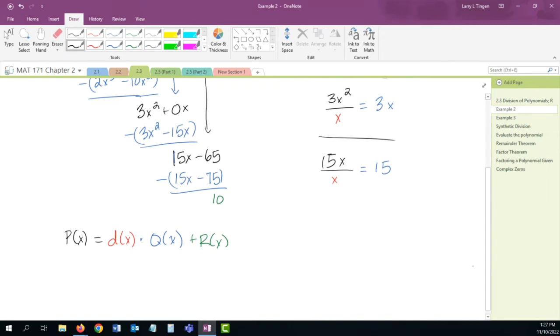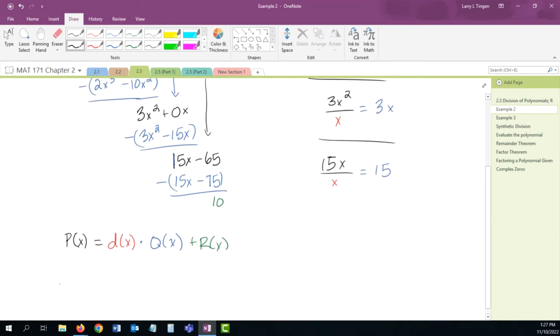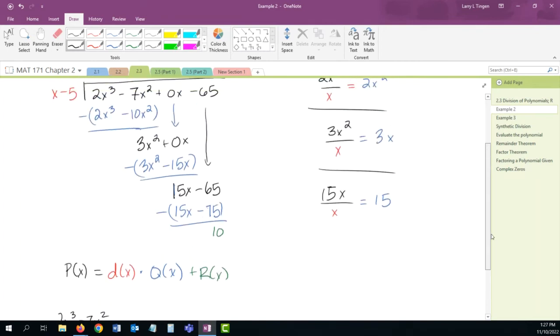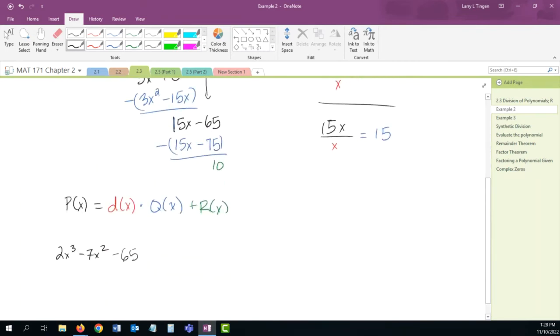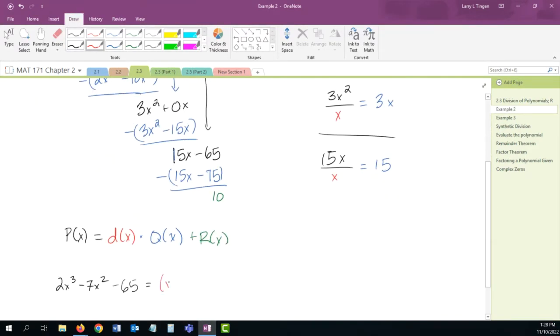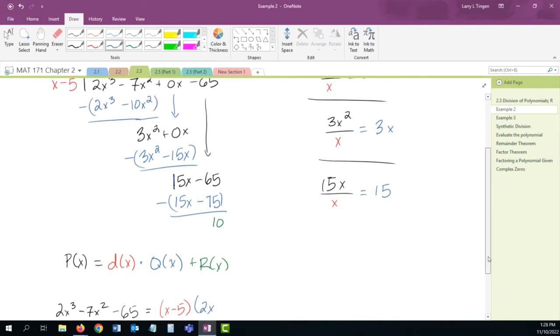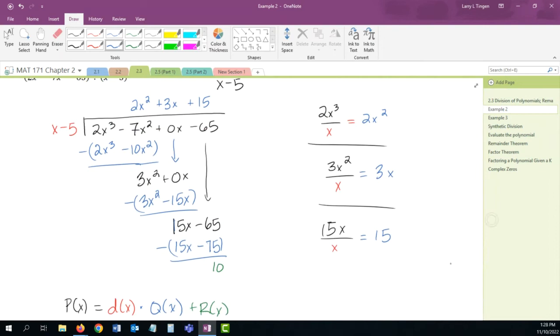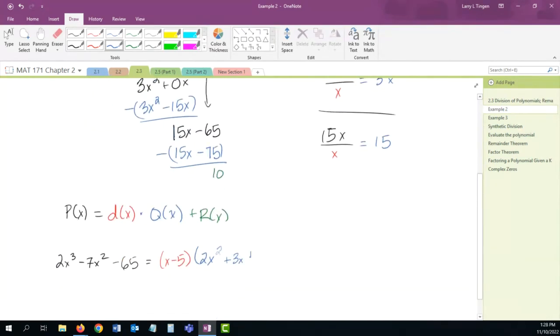P of x is the original, and the original is that 2x cubed minus 7x squared minus 65 is equal to the divisor, which is x minus 5, times the quotient, which was 2x squared plus 3x plus 15. And then plus the remainder.